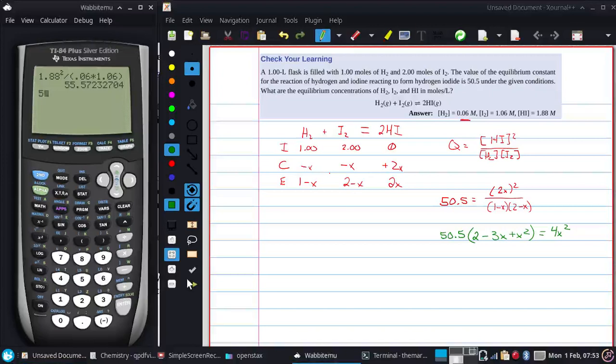All right, so I'm going to do 50.5 times 2 and get 101 minus 50.5 times 3, 151.5x, and this would be 50.5x squared, and I'm going to bring this over, so 50.5 minus 4. So when I bring that over, that drops down, and I get positive 46.5x squared. So I have my A, my B, and my C term.